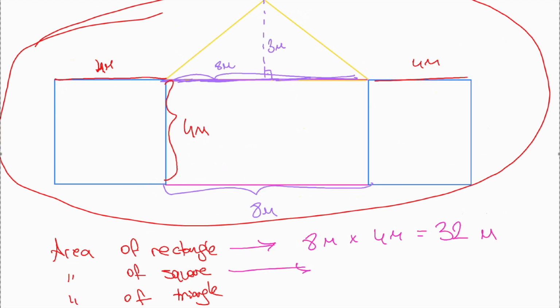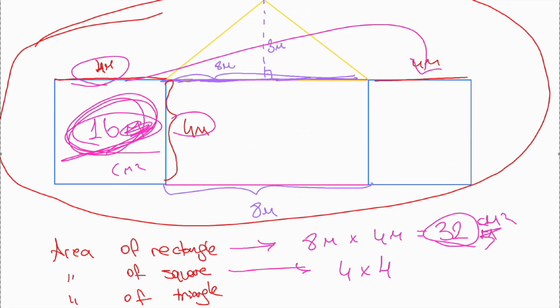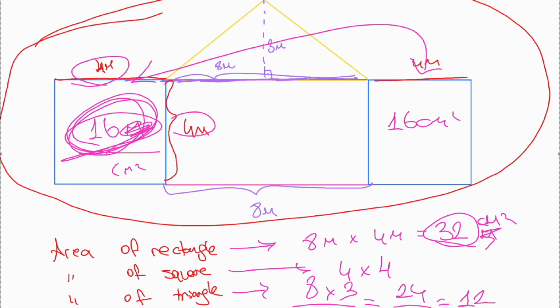And for a square, 4 times 4, which is 16 square meters. And for the other one, since it's the same square, it is also 16. And for the triangle, 8 times 3 divided by 2 will be equal to 24 divided by 2, which is 12.